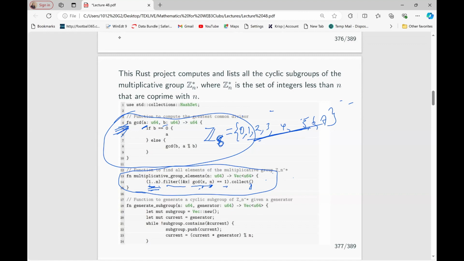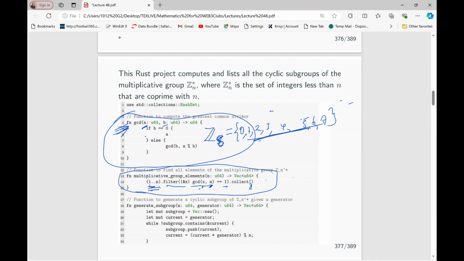So it will find the GCD of 0 and 8. That will be 8. The GCD of 1 and 8 will be 1. The GCD of 2 and 8 will be 2. The GCD of 3 and 8 will be 1. The GCD of 4 and 8 will be 4. Is that okay? So this one just finds those GCDs.